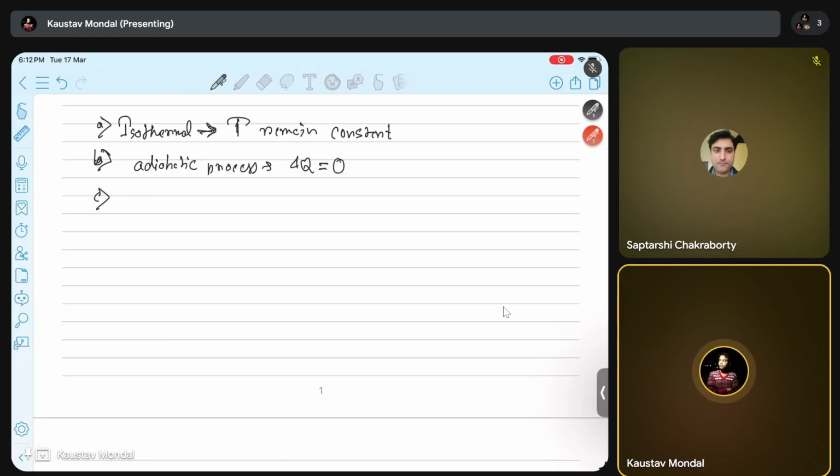The third one is the isochoric process. Isochoric means the volume will remain constant. The change in volume, delta V, is equal to zero. And the fourth one is isobaric. Here delta P is equal to zero.